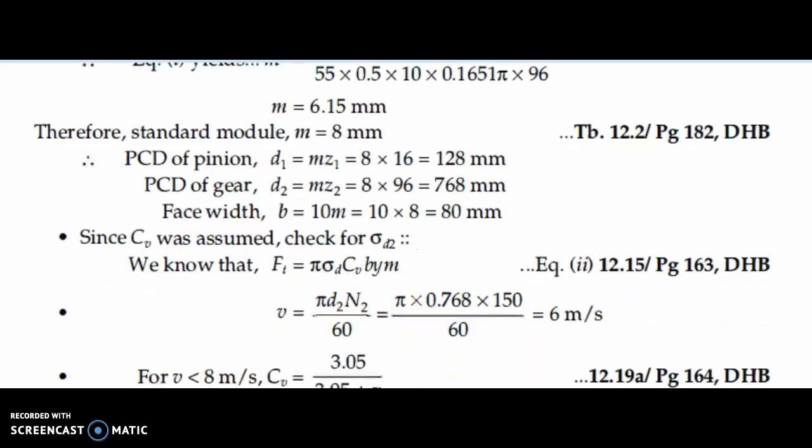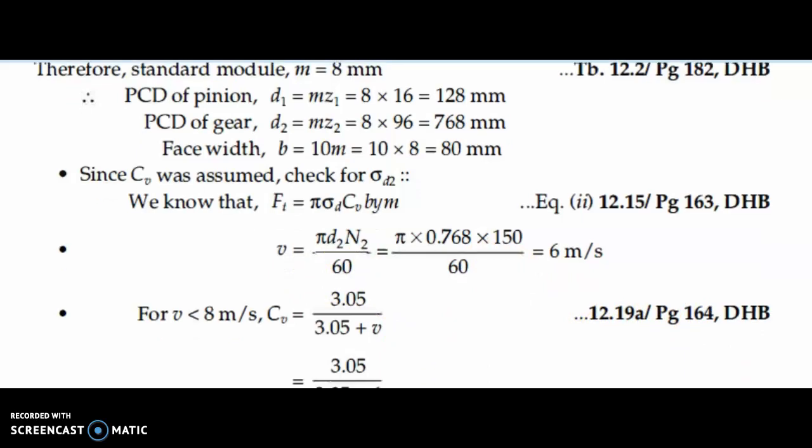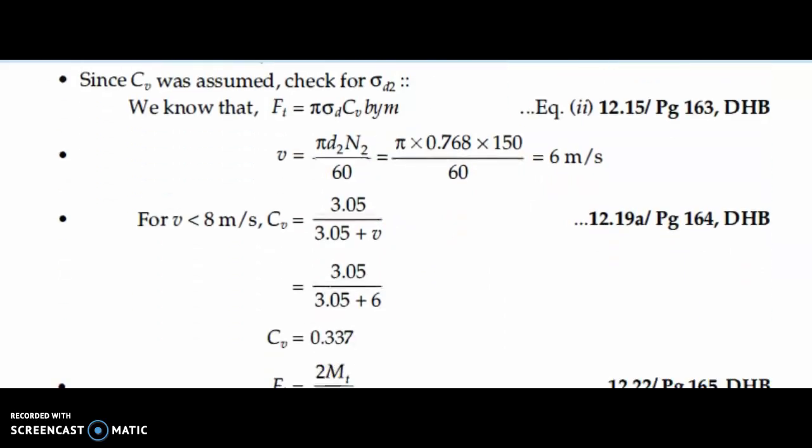So using our data book we can take the value of Cv for less than 8 meter per second, that is equal to 3.05 divided by 3.05 plus V. So here we got V is equal to 6 meter per second. Using this equation we can calculate the value of Cv, that is equal to 0.337.